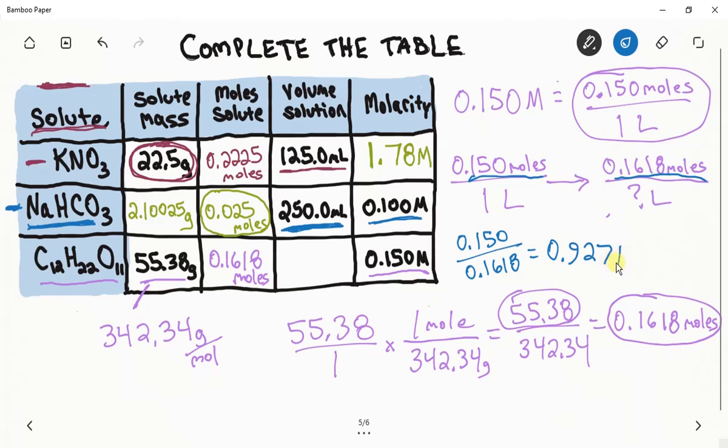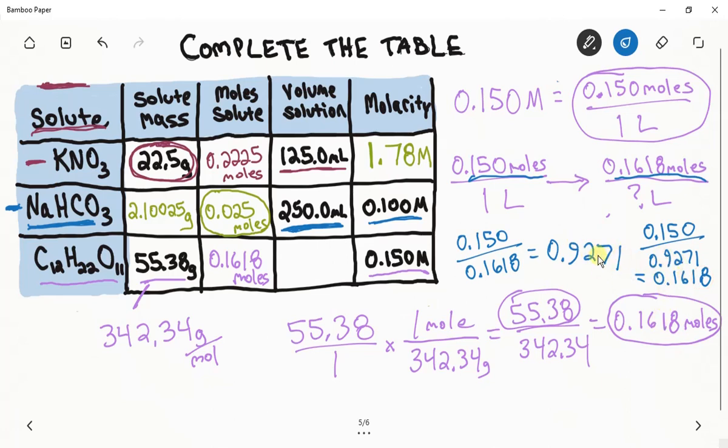So we have 0.9271 as our divisor, because if you divide 0.150 by 0.1618, we get 0.9271, or if you divide 0.150 by 0.9271, you're going to get 0.1618.